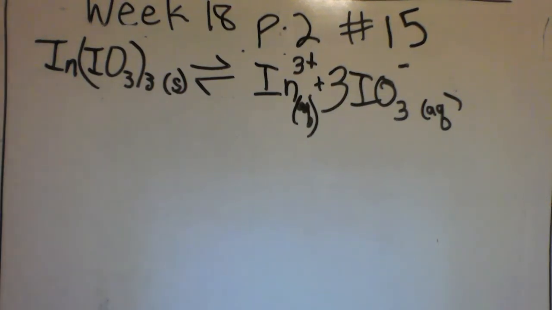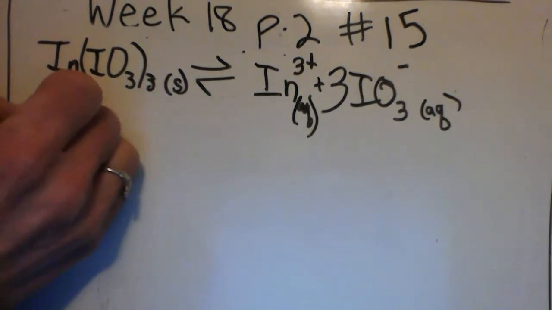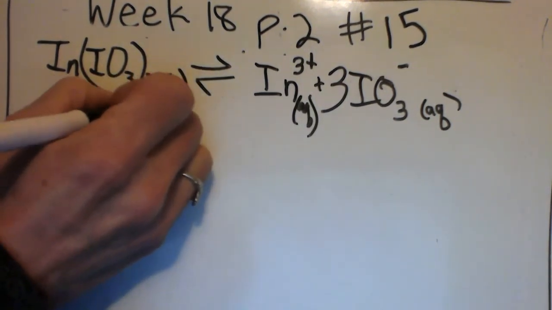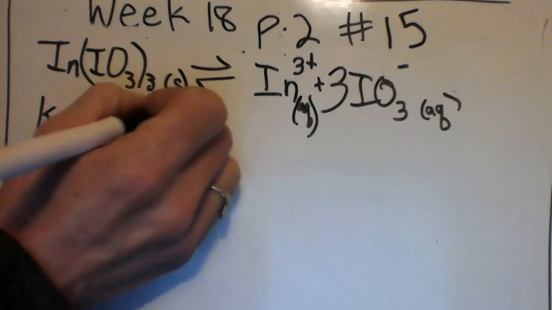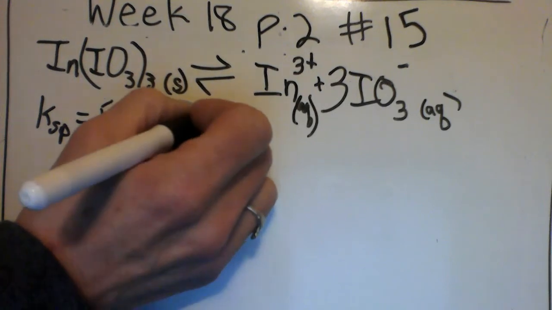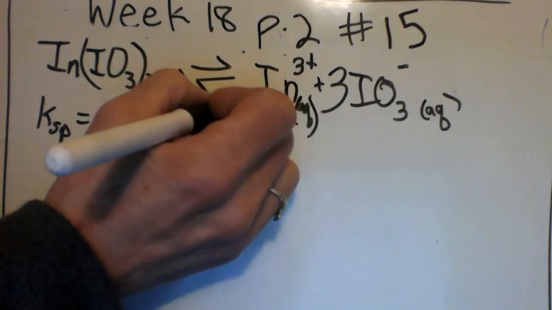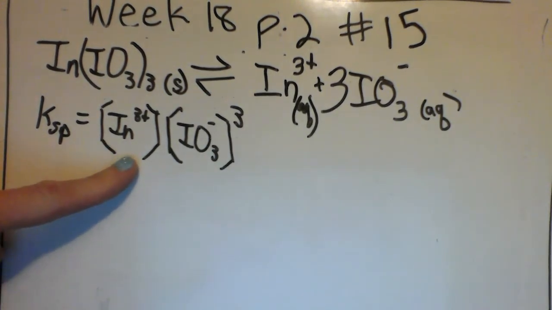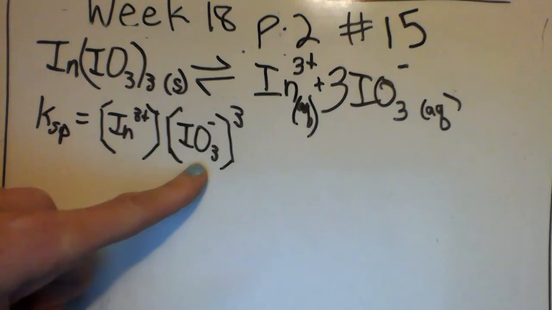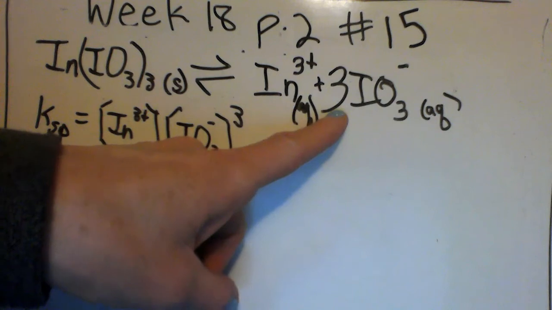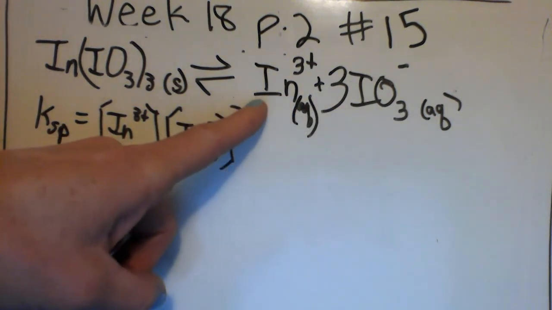Next, we're going to write the solubility product constant expression. The expression shows the concentration of indium multiplied by the concentration of iodate, which is cubed because we take the coefficient and we put it as an exponent.